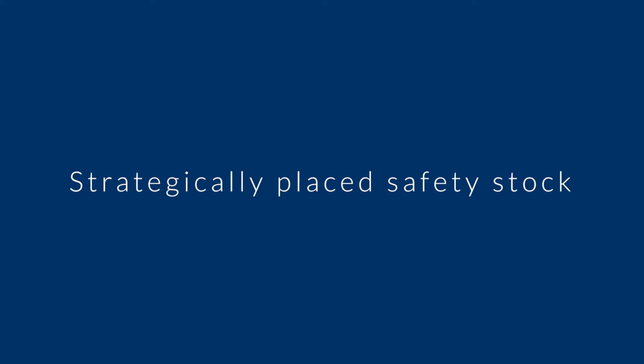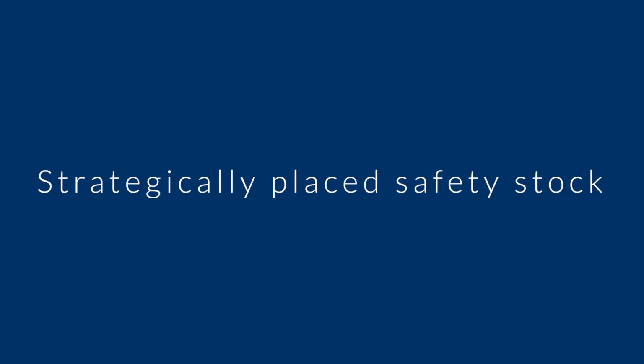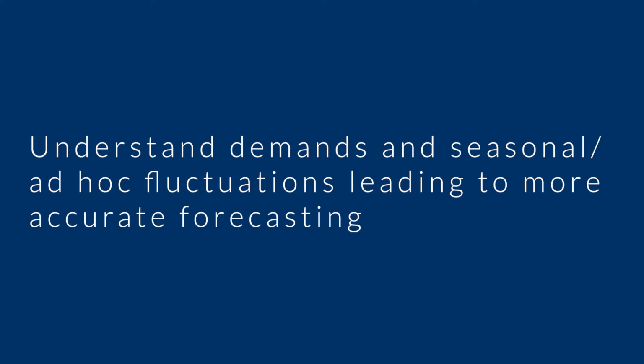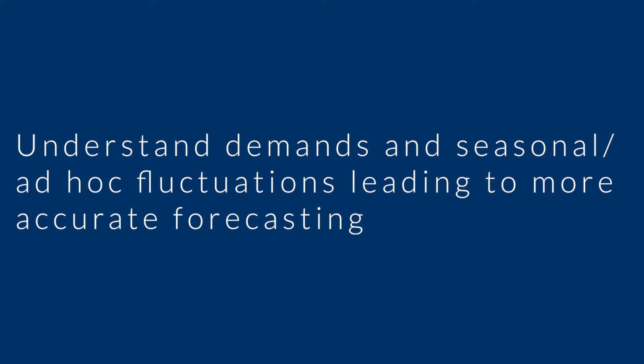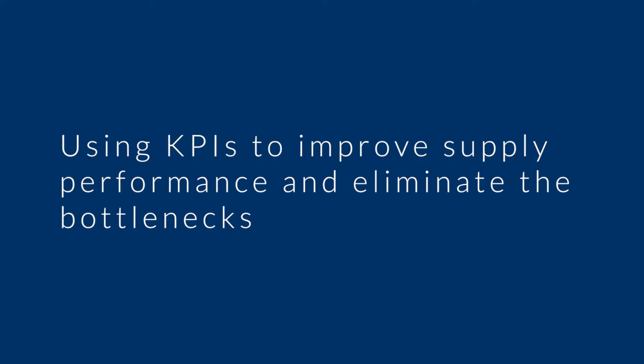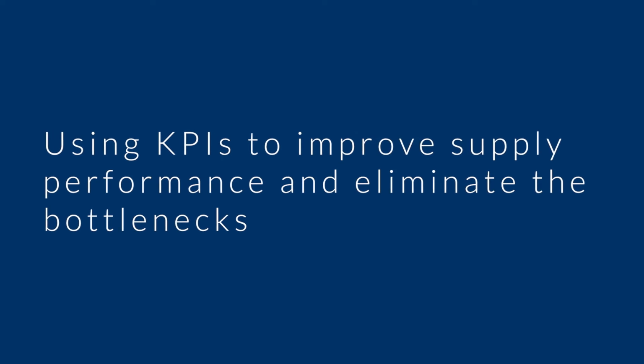Strategically place safety stock is something that you can use. Understand demand and seasonal or ad hoc fluctuations, leading to more accurate forecasting. Again, using KPIs to improve supply performance and eliminate bottlenecks. Remember, just having that list is one thing, but knowing how that works is something else.